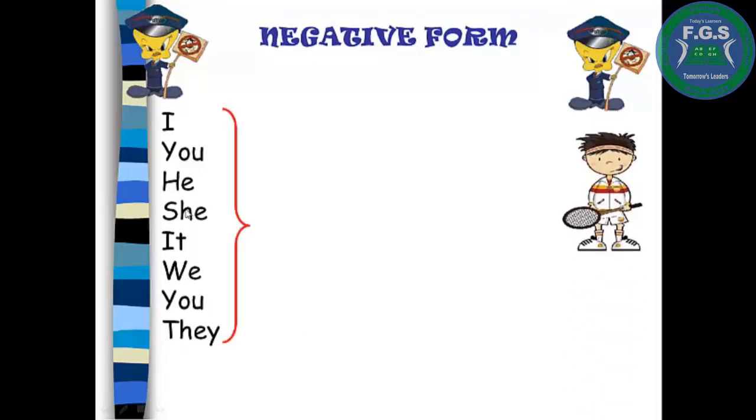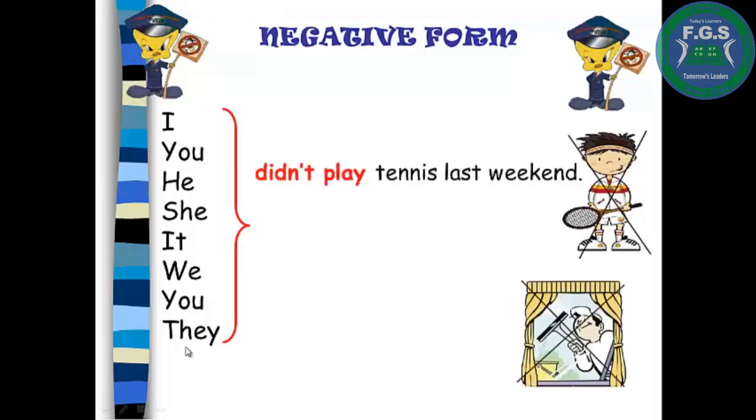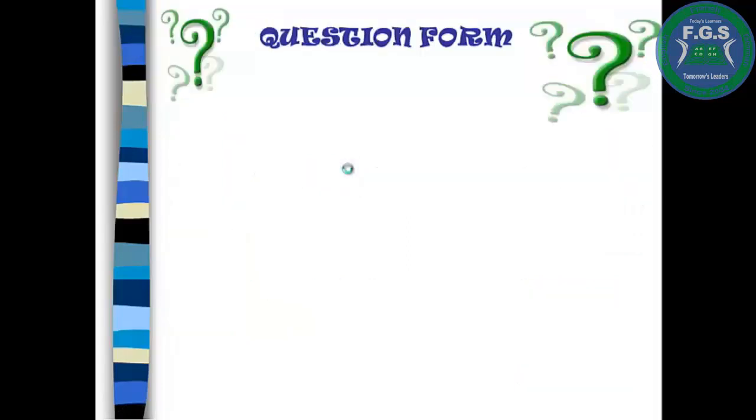I, you, he, she, it, we, you, they. Didn't play tennis last weekend. Didn't clean the windows. Notice here after didn't, infinitive. Didn't play, didn't clean. And as we said, infinitive, verbs without d or ed or ied.